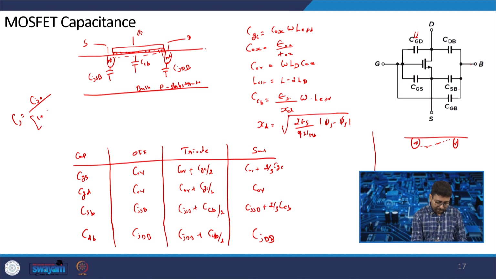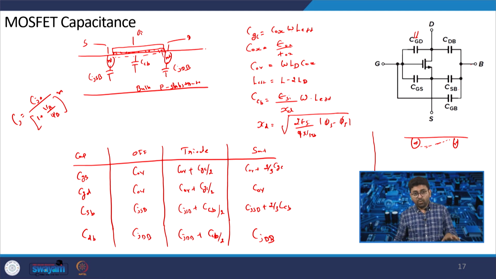So, this is 1 plus the reverse bias voltage VR over the built in potential psi B, raised to an empirical constant M, which varies with the process. With this you can find CJSB and CJDB.